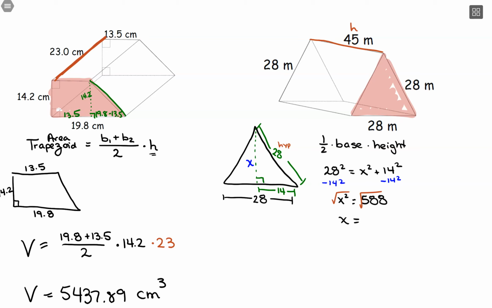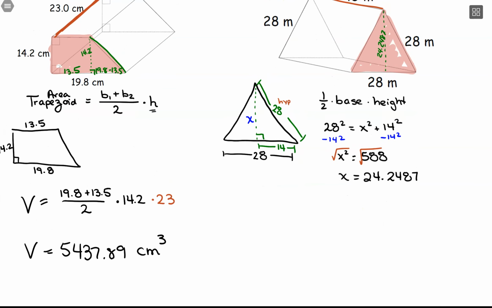And then I'll round that, let's say to 4 decimal places just to keep this accurate. So let's call this 24.2487. So what I just found is this triangle height here is 24.2487.